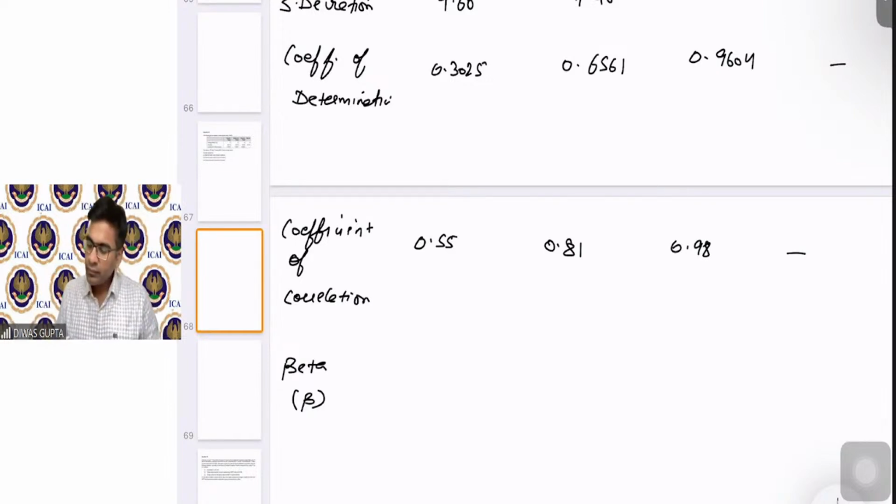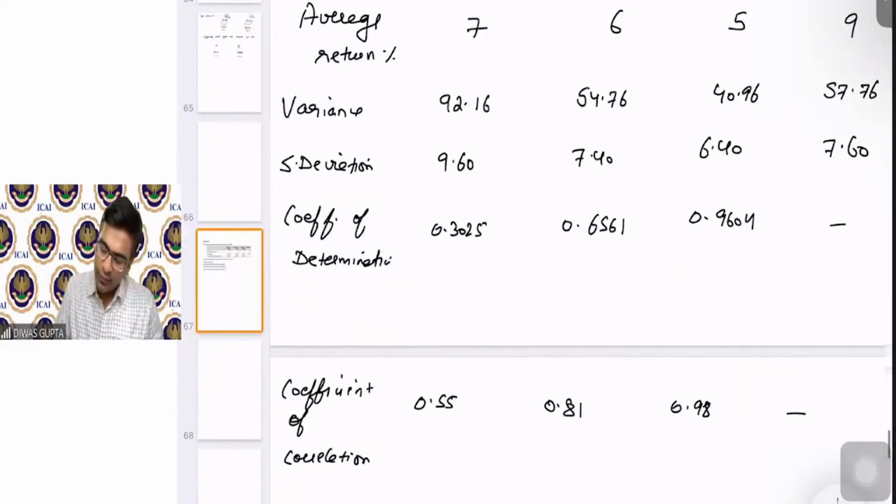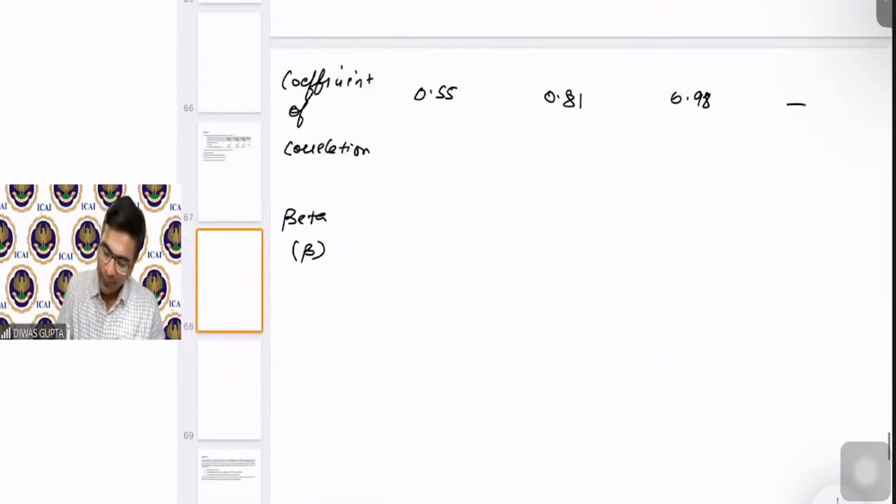So, what is the standard deviation of growth fund? 9.6. Standard deviation of market? 7.6. Correlation coefficient? 0.55.